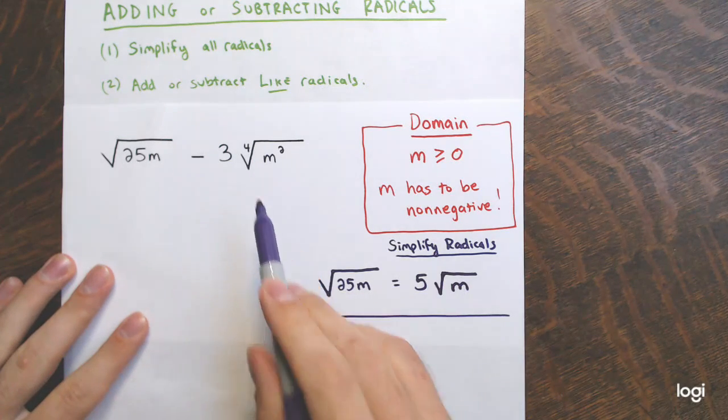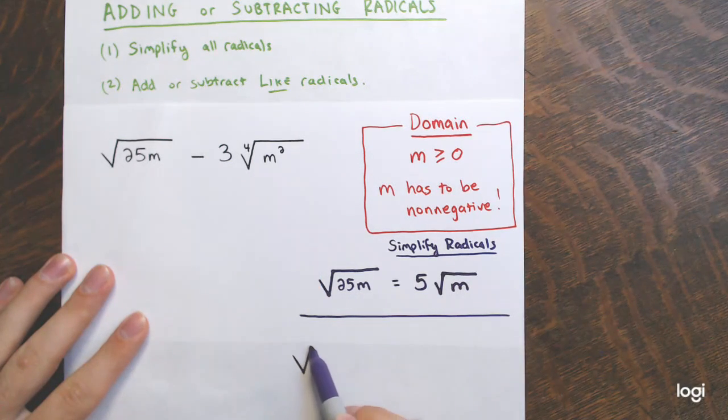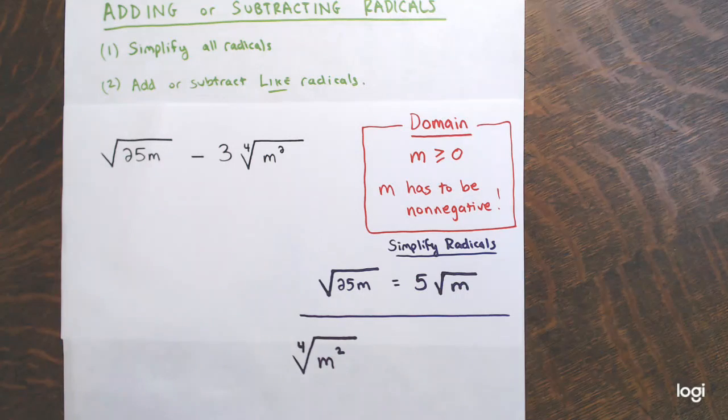The second radical, the fourth root of m squared. Now, some people would say that this is simplified, and I'd agree to a certain extent. We're taking a fourth root here. So what I'm looking for in the radicand are factors that are perfect fourth powers, things raised to a power that's a multiple of 4.